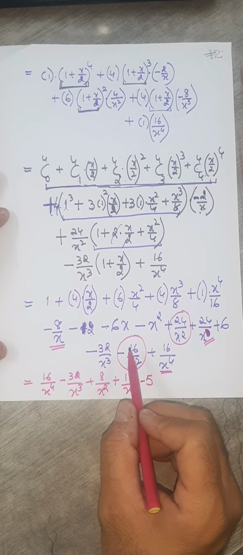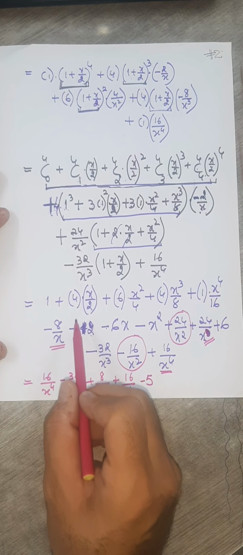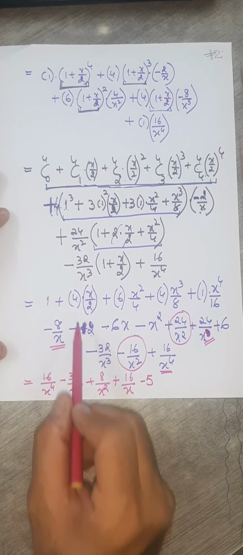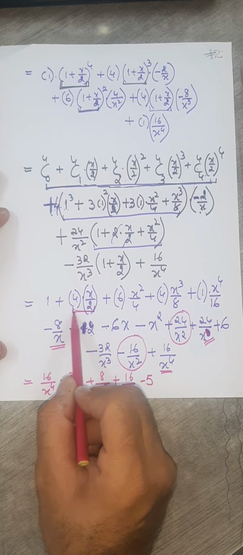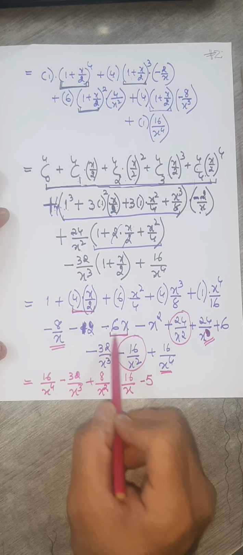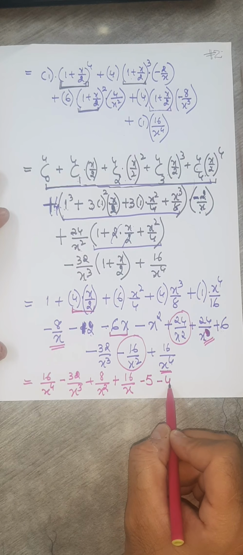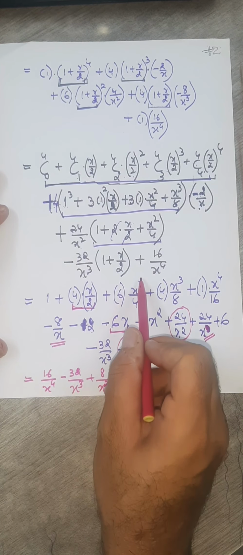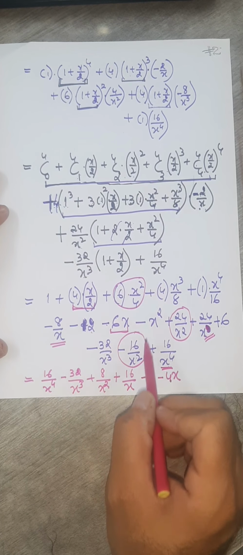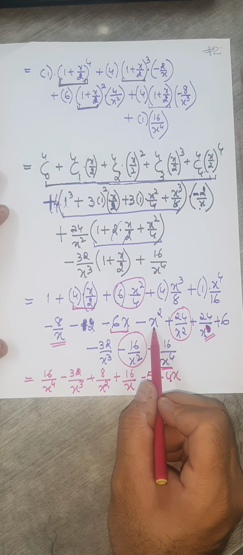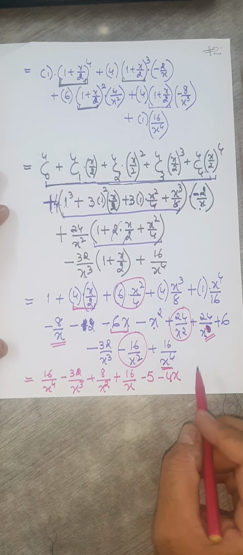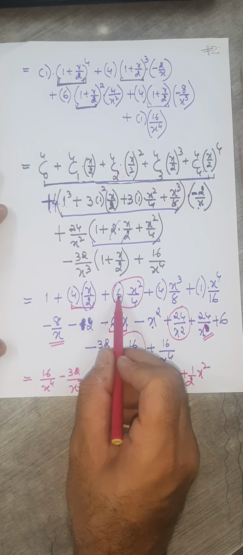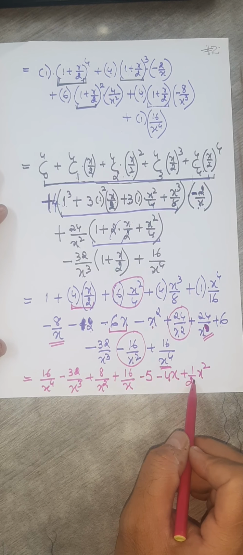Then next term about x. There are how many terms about x? You see, this is 2x and this is minus 6x, so minus 4x. What about x square? This is 3 by 2 x square and half minus x square, so 3 by 2 minus 1, so I am left with half x square.